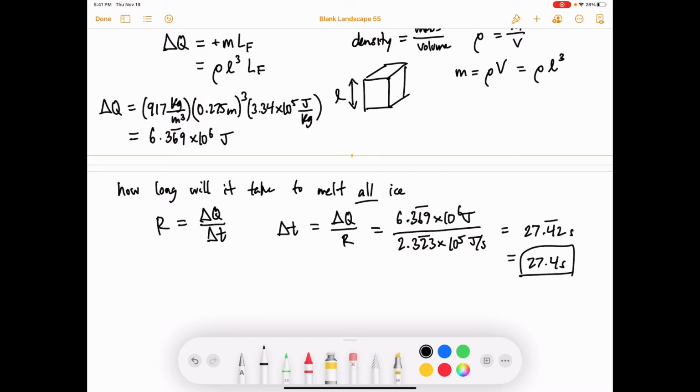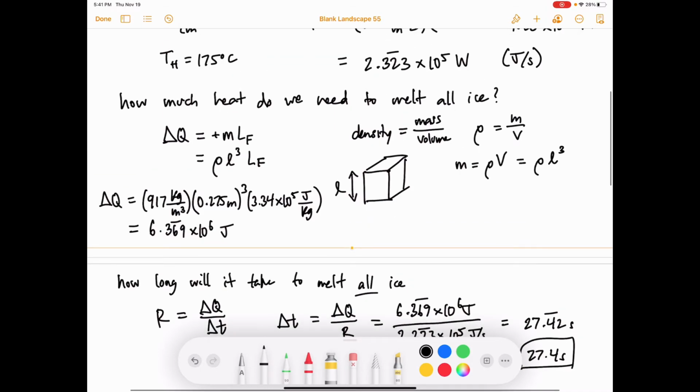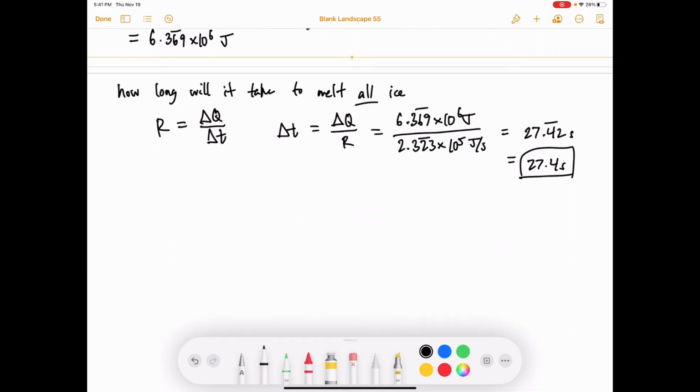So we're using a material, aluminum, to conduct the heat. So aluminum is a very good thermal conductor. That's why it takes not that much time to melt all this ice. But if we follow up and consider if the plate were made of glass instead of aluminum, basically what we're going to have to do here is recalculate R, recalculate the rate of heat conduction.